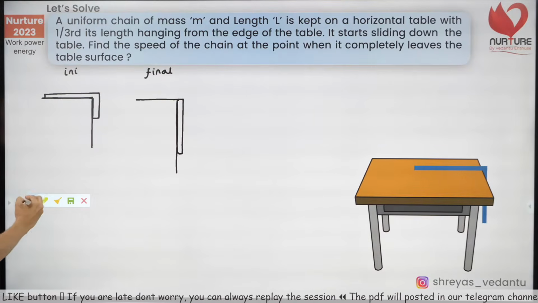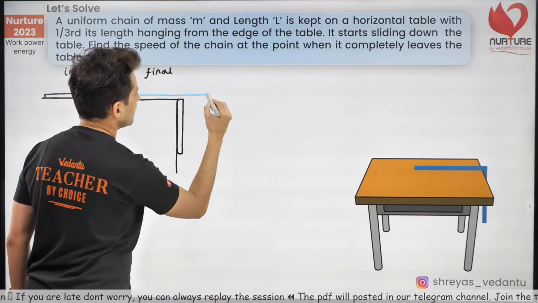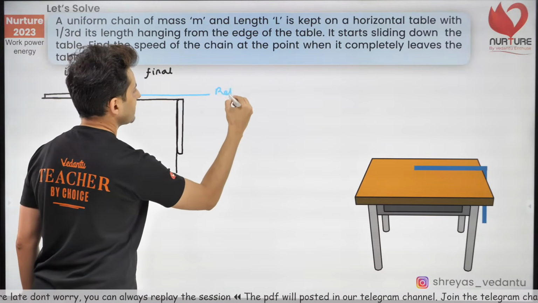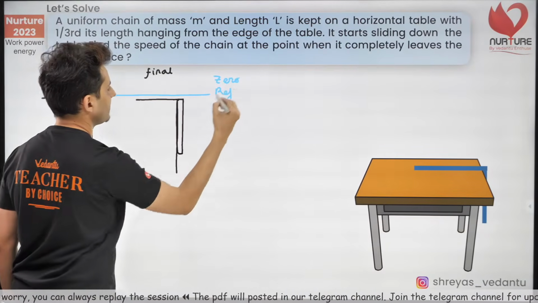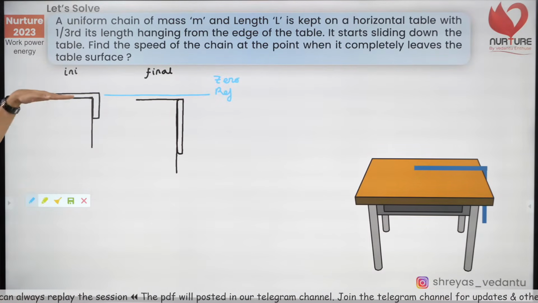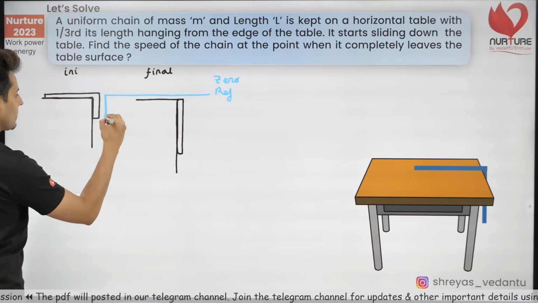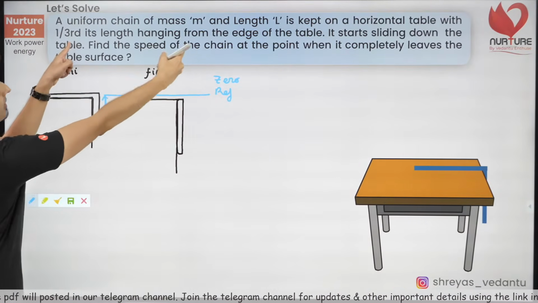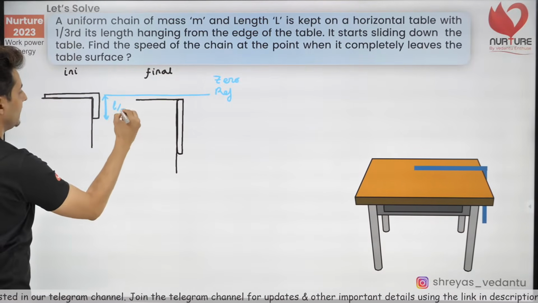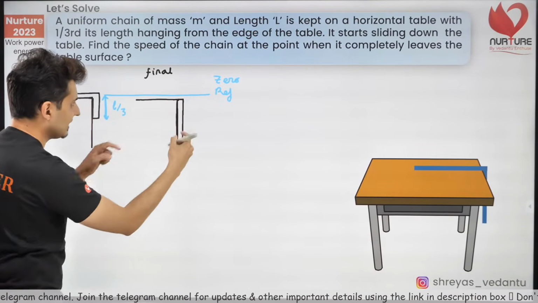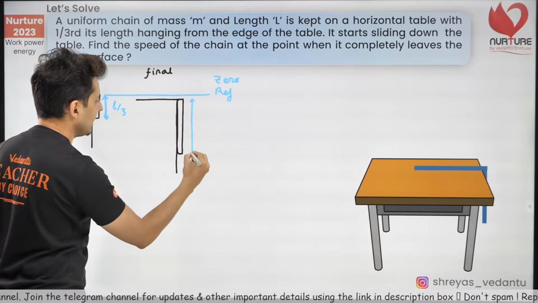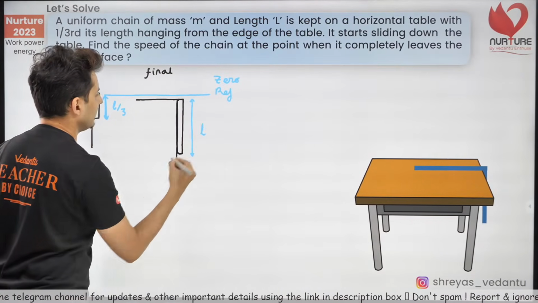Now I will also take my reference. This I will take as my 0 reference potential energy on the tabletop. Obviously, this length is L by 3 because 1/3 is hanging. Finally, when the entire thing comes down, the entire length will be L.